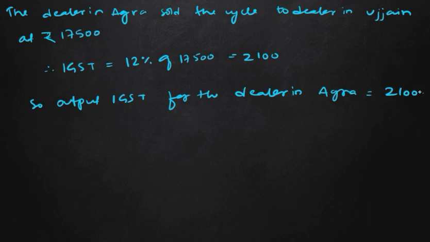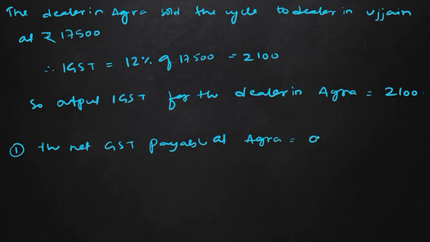Now we can find the net tax payable, or net GST payable. So number one, the net GST payable at Agra will be output minus input. For input we have two inputs, input SGST and input CGST, and we have to add them.